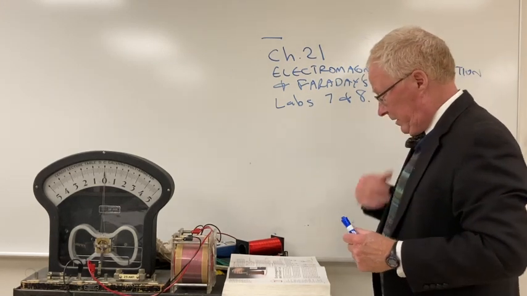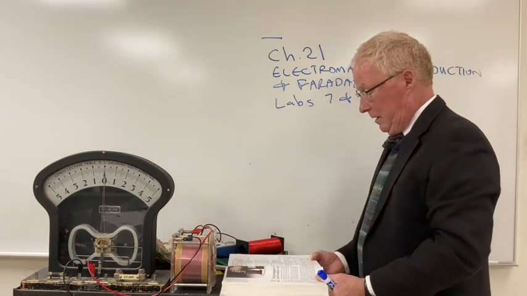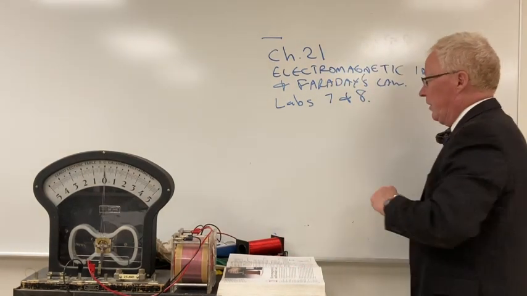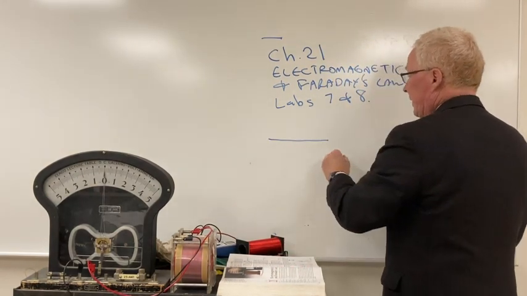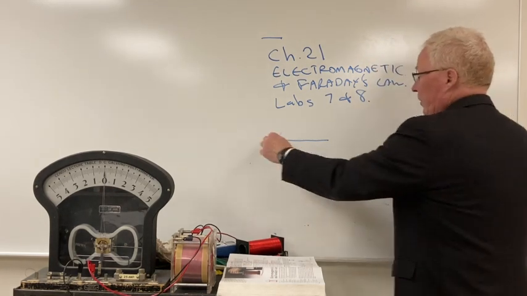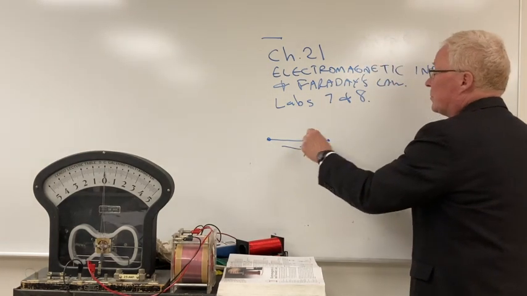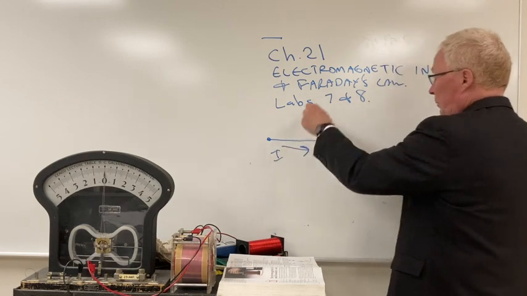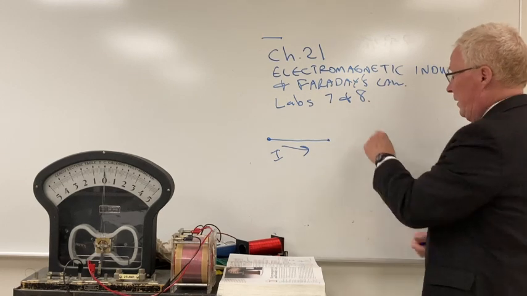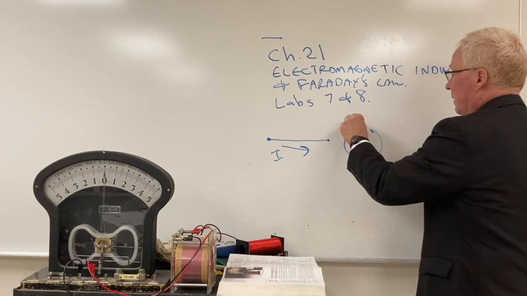So electromagnetic induction, induced EMF, they talk about it here, and what it means. We talked about how a current, so I have a current going through a wire. If I have a current I, it'll produce a magnetic field looping around it. So if I point it out this way, we have a magnetic field going out.